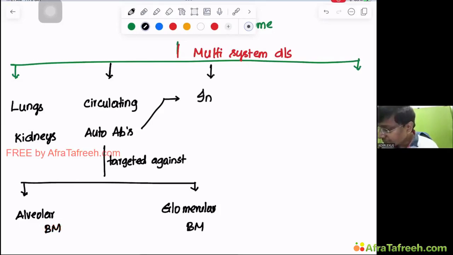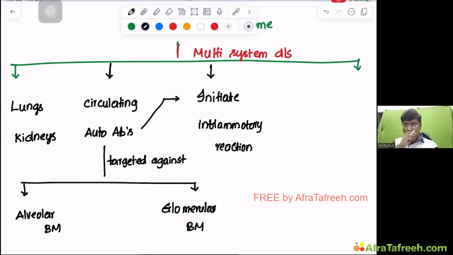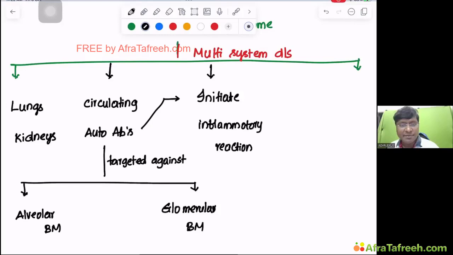It's an autoimmune disease basically. So they will initiate the inflammatory reaction, and this inflammatory reaction is against the basement membrane of the glomeruli and the basement membrane of the alveoli.